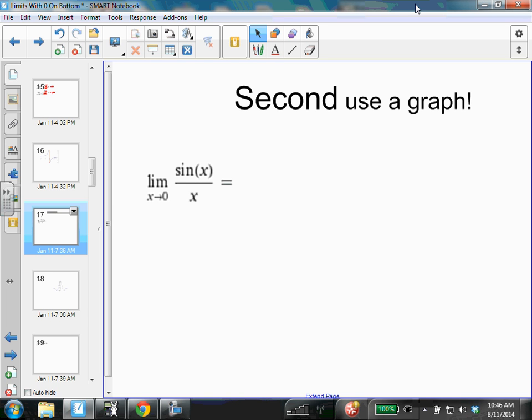Okay. So the sine of x over x as x approaches 0, is this a problem for some people? Well, what's the first thing we want to do? Plug it in. All right, so put this in. So sine of 0 over 0.